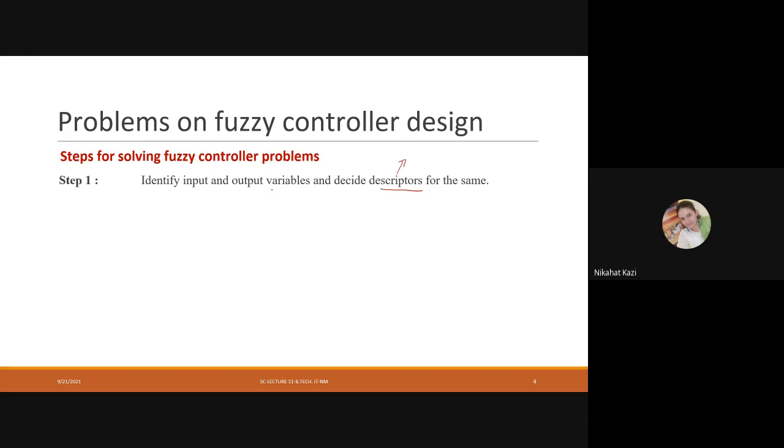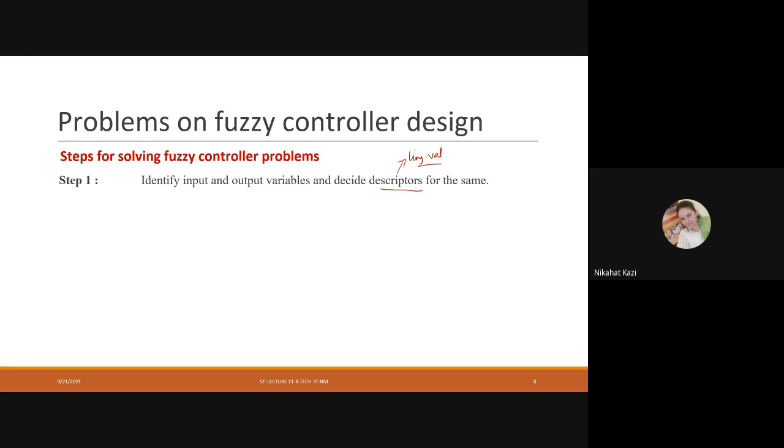Inputs and outputs will be in terms of linguistic variables, and you will have the linguistic values, which will be the descriptors, the fuzzy sets for the variables. For example, if you're talking about temperature, you will characterize it by 3 different descriptors, say cold, normal, and hot. So after identifying the inputs and outputs, you have to characterize them in terms of these descriptors.